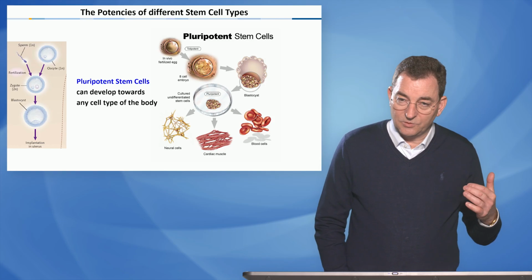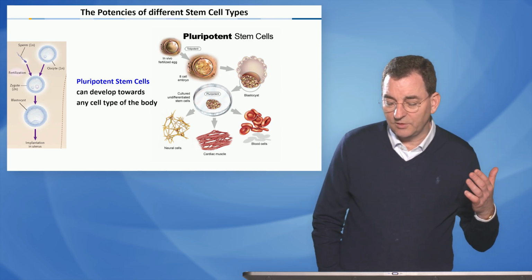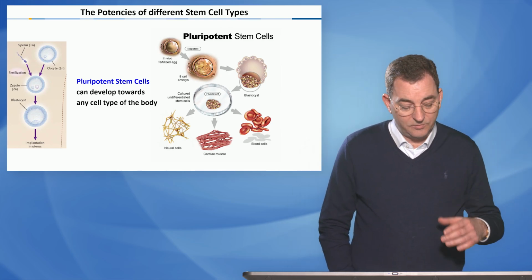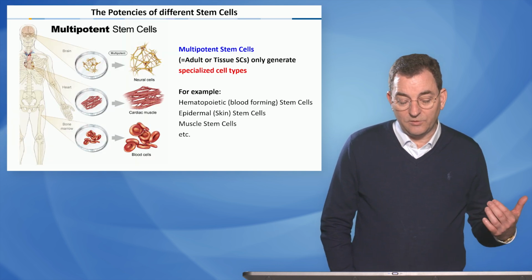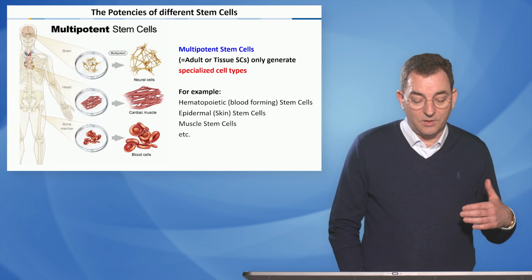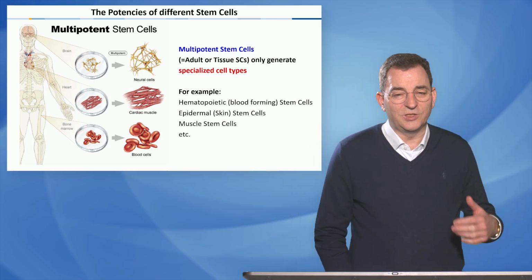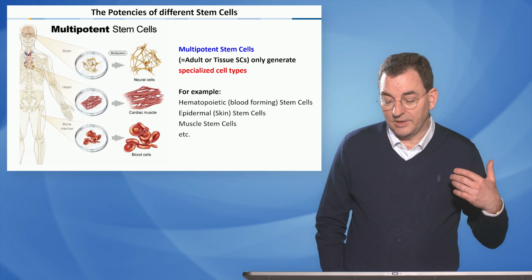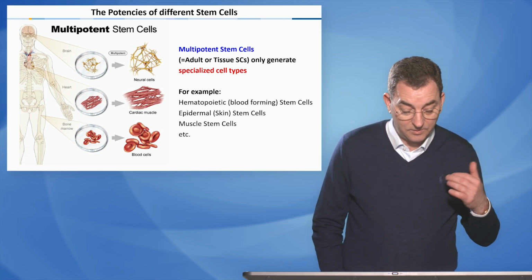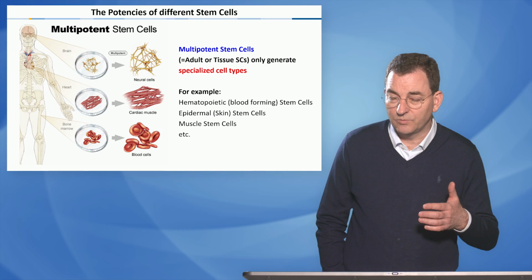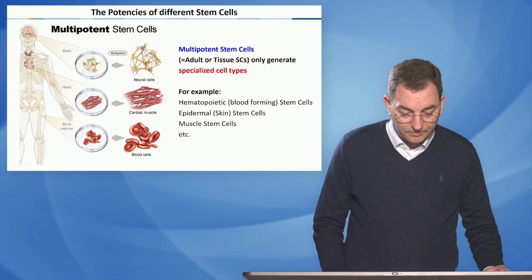So again, just to repeat what I said before, the pluripotent stem cells can develop towards all 3 germ layers. Multipotent stem cells or tissue stem cells are resident in all tissues and regenerate the local tissue. Like you have them in the brain, you have them in the muscle, you have them, of course, in the bones for blood formation, in the bone marrow cavity.